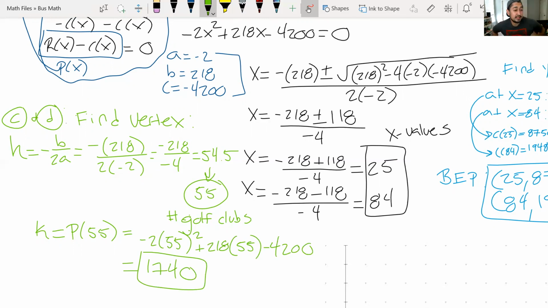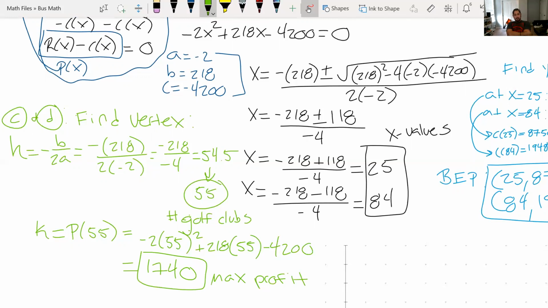All right, so what all of this means is that if we sell 55 golf clubs, we make a max profit of 1,740.